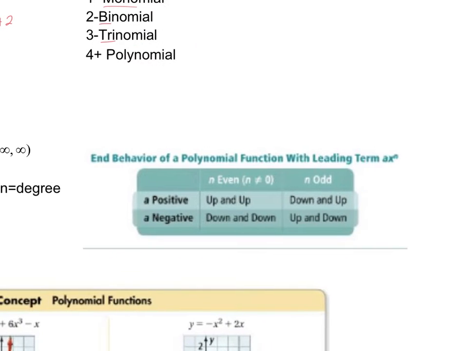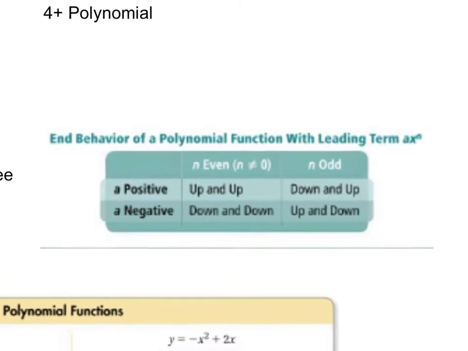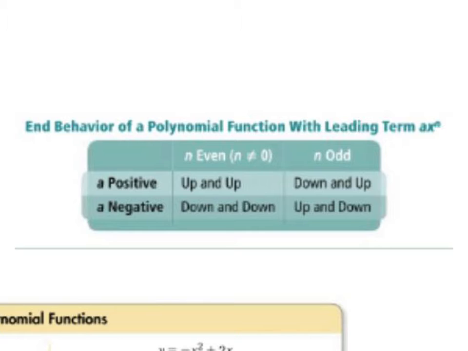So this little cheat sheet, and this is something I would definitely recommend screenshotting. This really helps. So if you have a polynomial function with a leading term, if your exponent, so n is your exponent again, is even, this might just help you see it so you don't have to think, what's n?